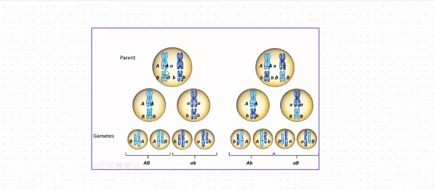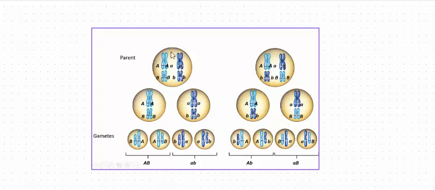The hybrid part comes from the fact that this parent is big A, little a, big B, little b. This diagram shows the arrangement of these two genes on separate homologous chromosomes. It also shows all the different ways this parent could generate gametes.